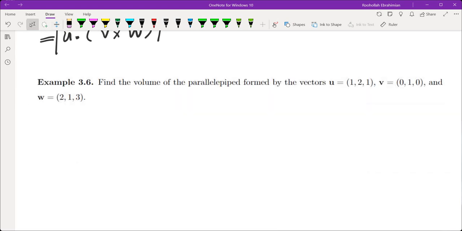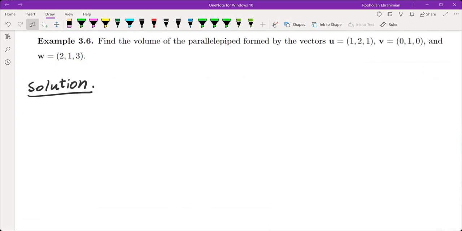Okay, so let's use that and do a couple of examples. The first example is to find the volume of the parallelepiped formed by these three vectors. So we need to find this quantity.